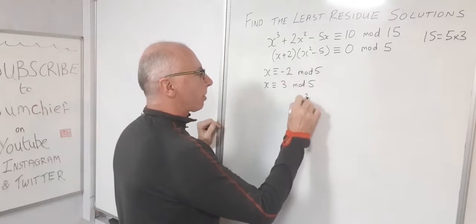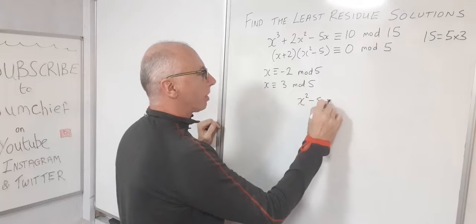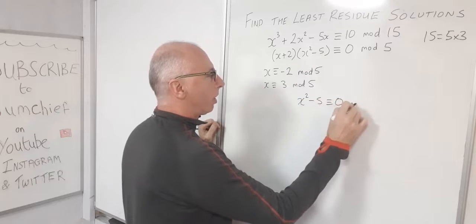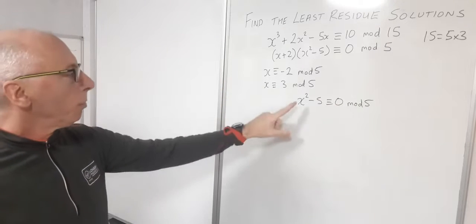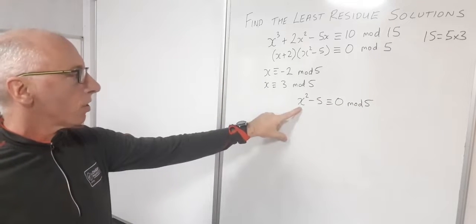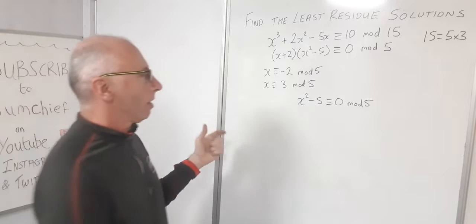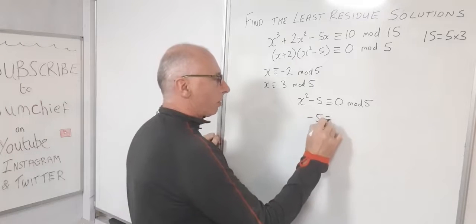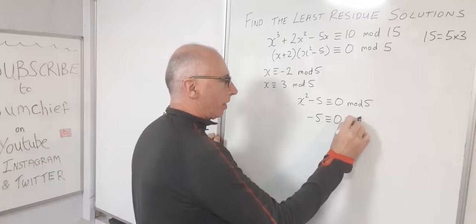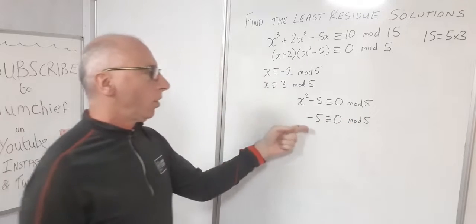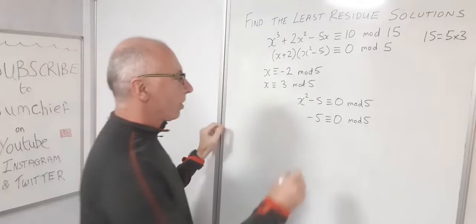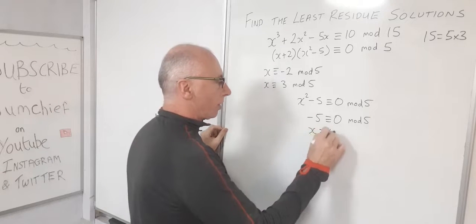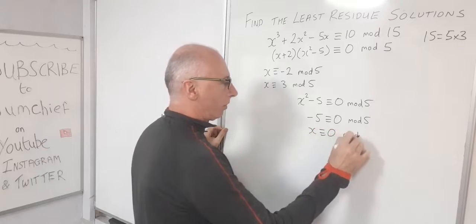So we can say x squared minus 5 is congruent to 0 mod 5. Well, if we plug in a 0 for our x squared, we'll get minus 5 is congruent with 0 mod 5. So therefore, if x is 0, this is true. So therefore we can say x is congruent with 0 mod 5.